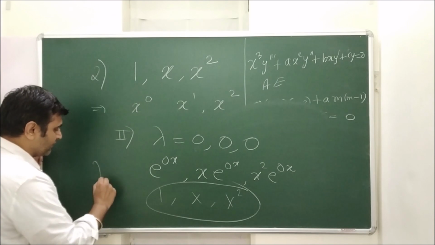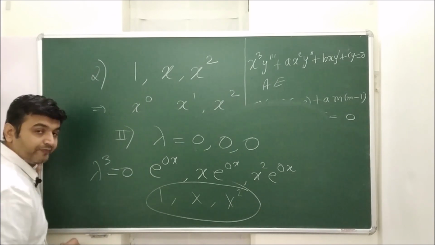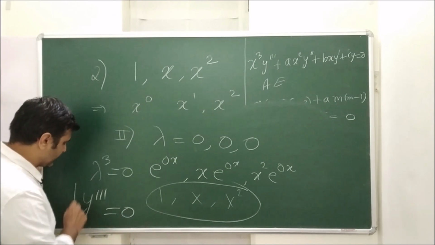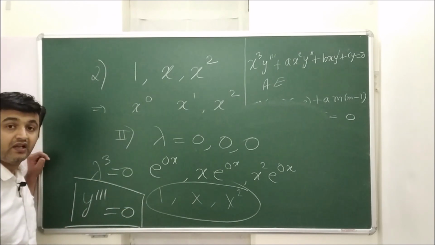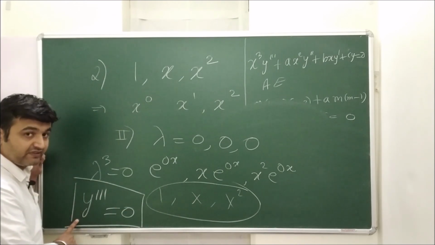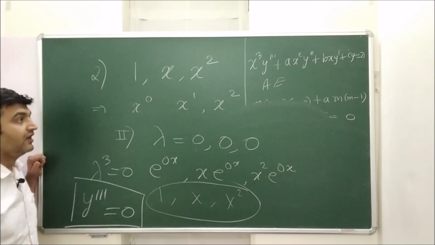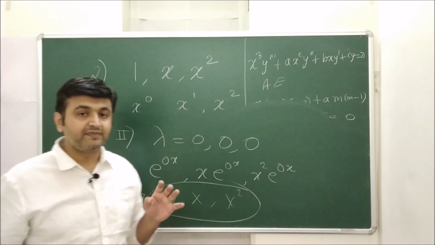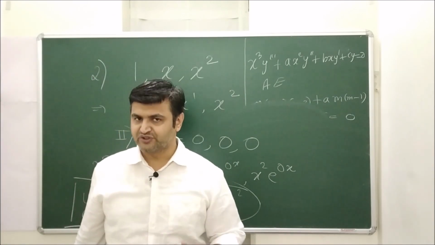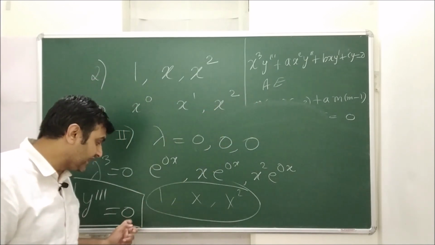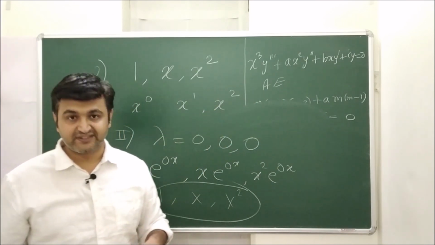So what is this? This is nothing but your lambda cube equal to 0, which is nothing but y triple prime equal to 0. So this is another differential equation for which these three will act as a solution. So when you have a polynomial in the picture, be a little bit cautious. It can be either Euler-Cauchy or the one with constant coefficients.